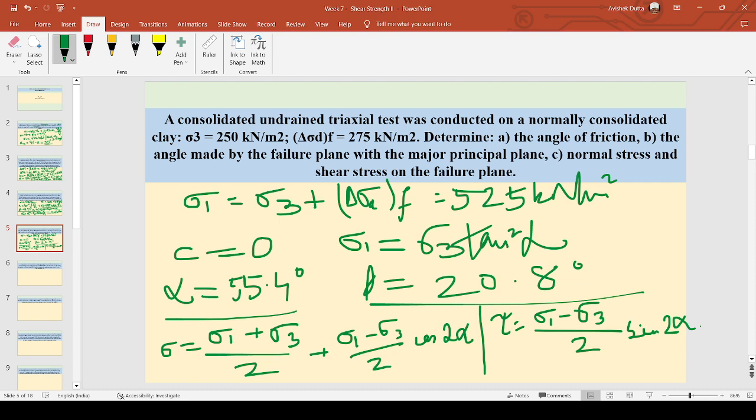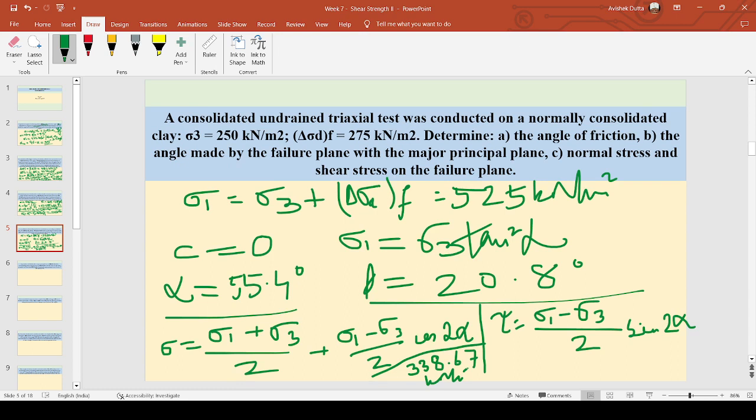Putting all these values over here, we get the value of normal stress on this failure plane as 338.67 approximately in terms of kilonewton per meter square, and for shear stress the value we get is 128.54 kilonewton per meter square.